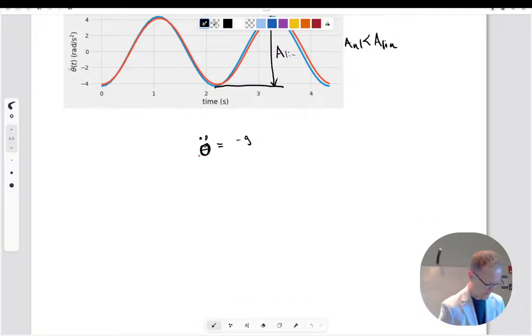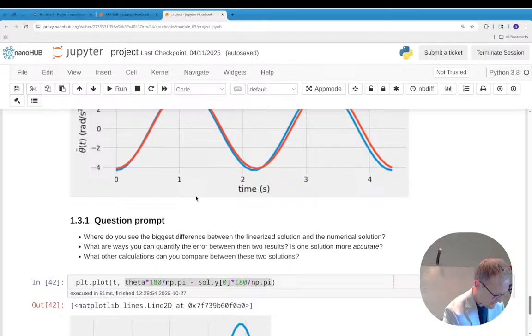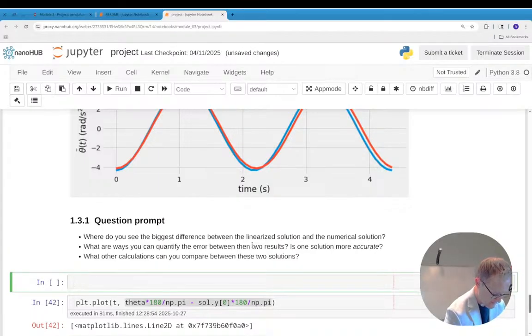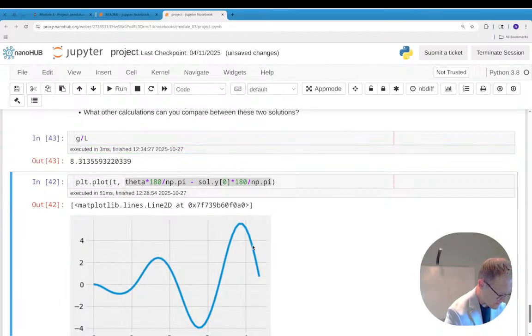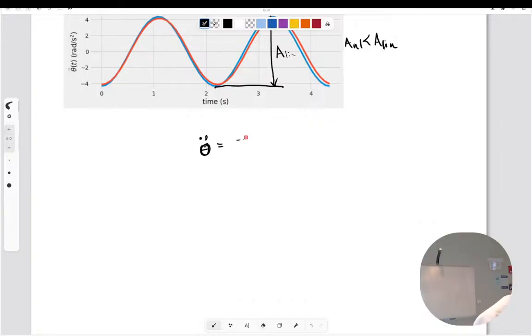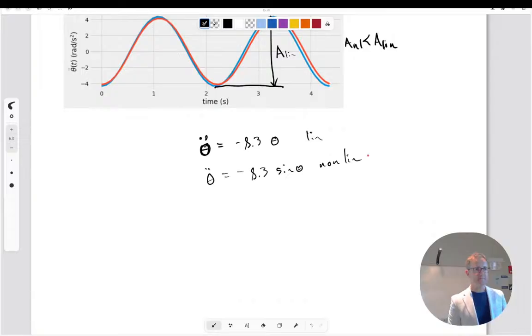And what is g over L? .3. What is max acceleration for nonlinear, for any starting angle?